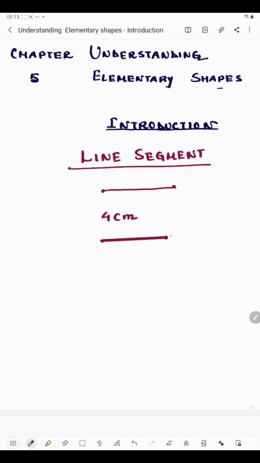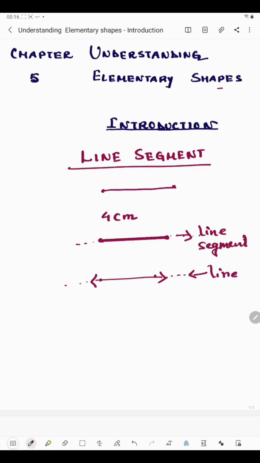It cannot be extended further like a line, because a line has no fixed point, so it can be extended further. So this is a line which has no fixed length, but a line segment has fixed length. It has one starting point and one ending point. It cannot be extended further. So this is called a line segment.